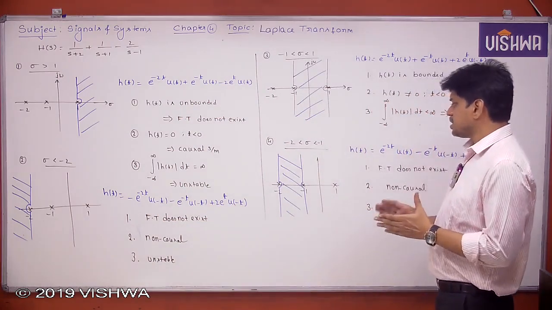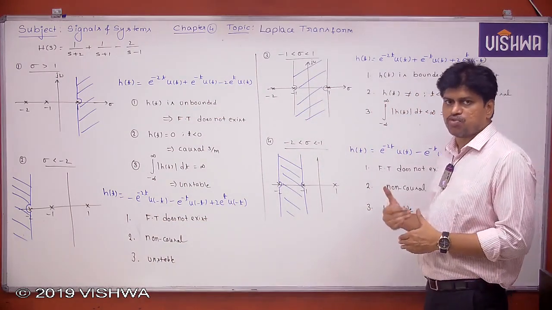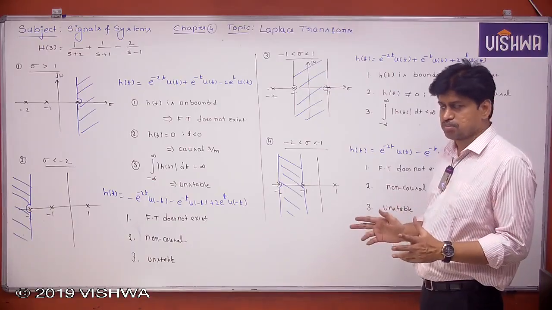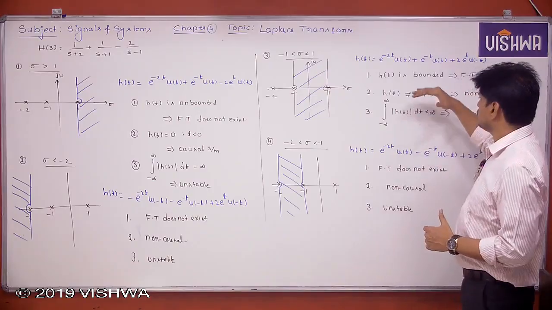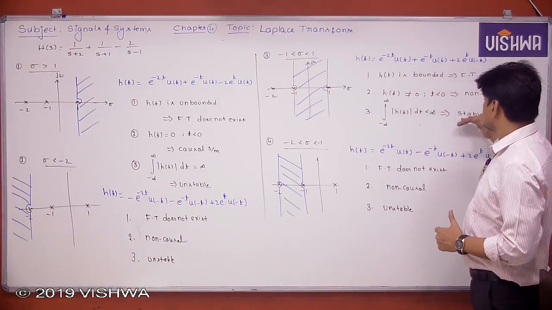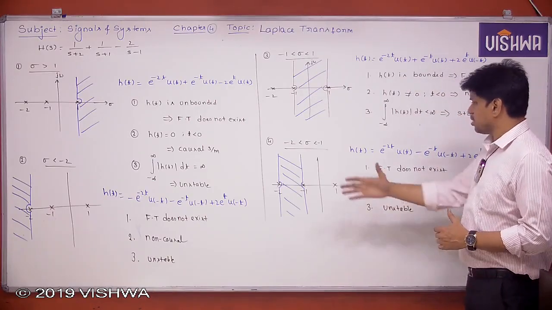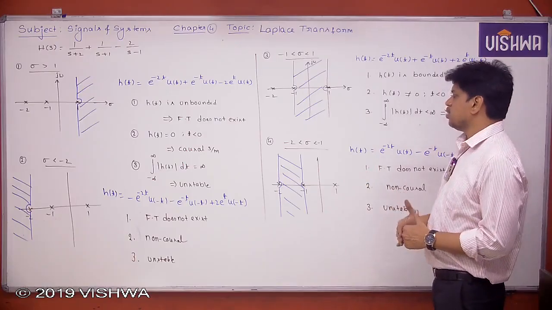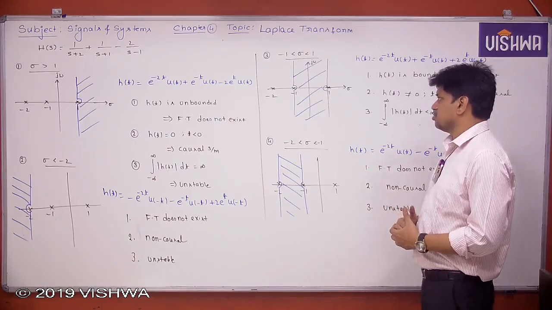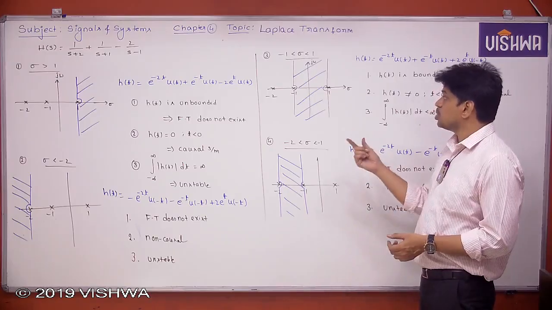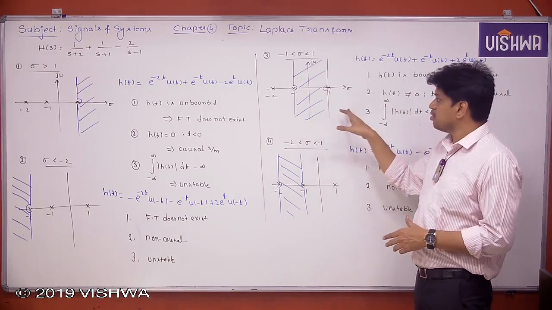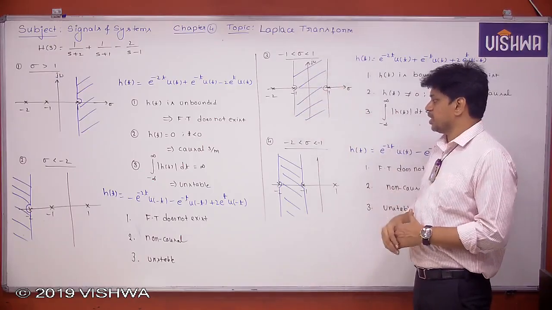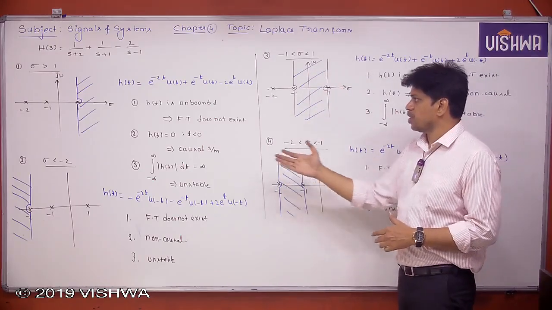Next, one more thing. To say a system is stable and the Fourier transform exists, both have the same condition: h of t must be bounded. So what is the condition on ROC? The ROC should contain the j omega axis. This is the only ROC where the j omega axis is included.